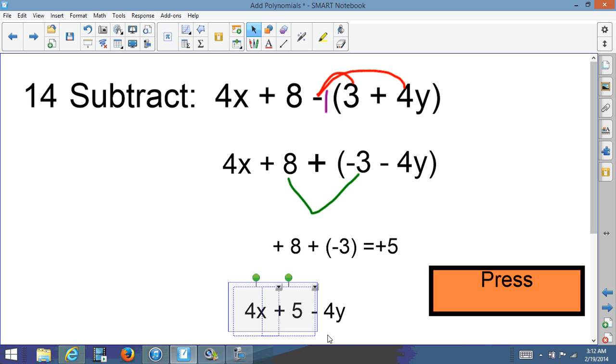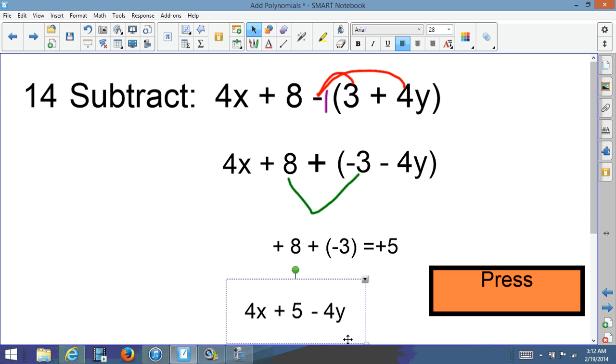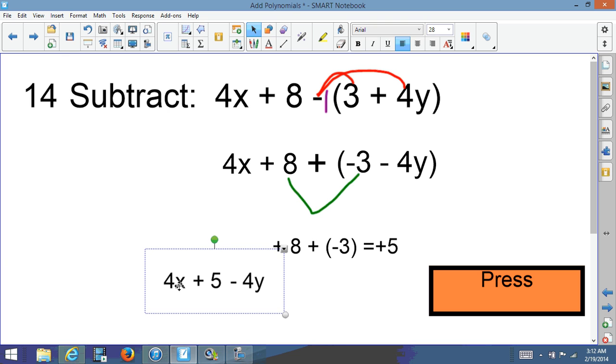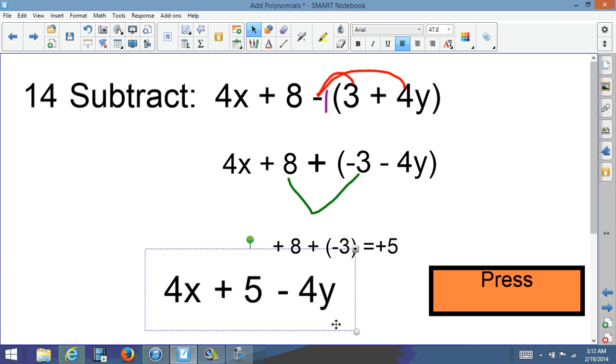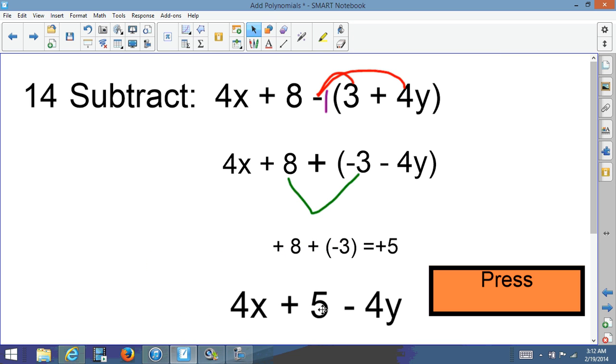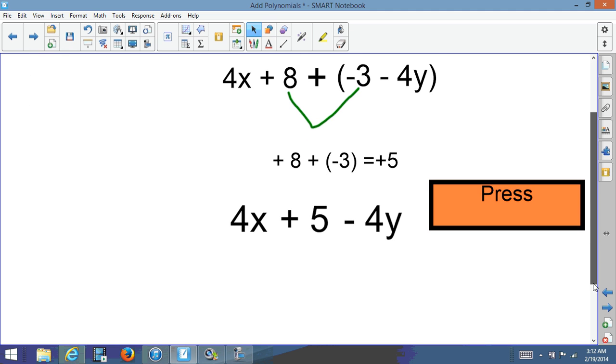So I'd have 4x plus 5 minus 4y as my resulting answer when I combine like terms. So that would be my answer.